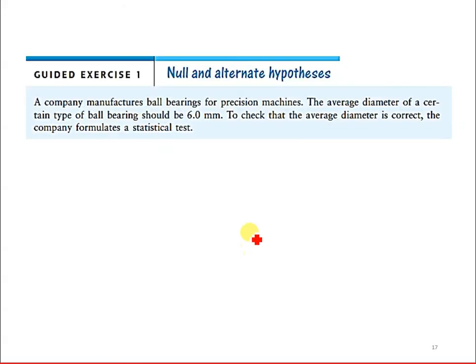Here is another example. A company manufactures ball bearings for precision machines. The average diameter of certain types of ball bearing should be 6 mm. This is the average diameter, so this is the mean, that is mu.